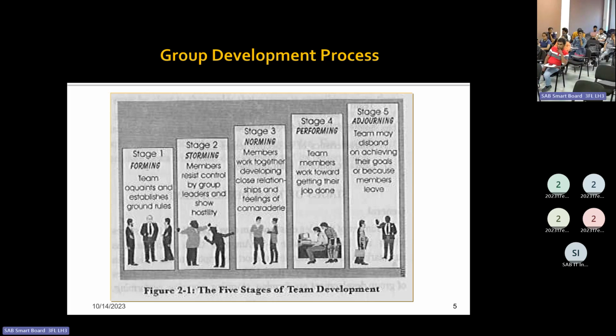Anyhow, the diagram presents the five stages of the group or team development process. This is common to both concepts, not only to teams. In textbooks the term group is used, but here team has also been considered.